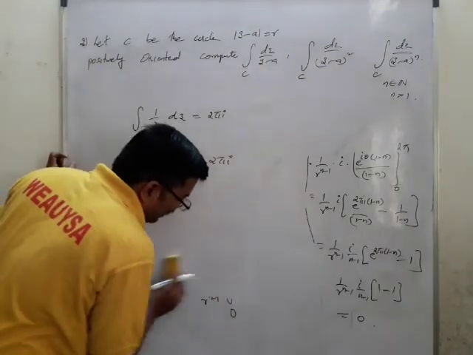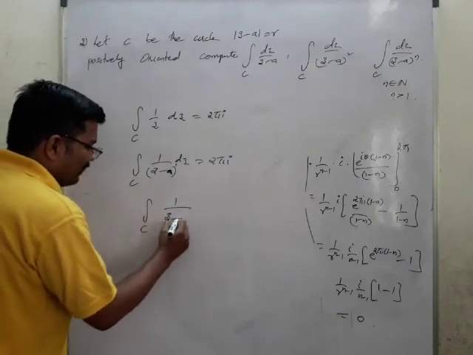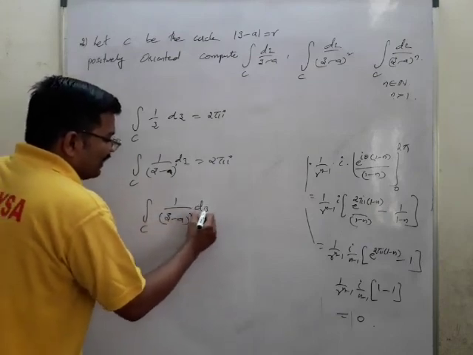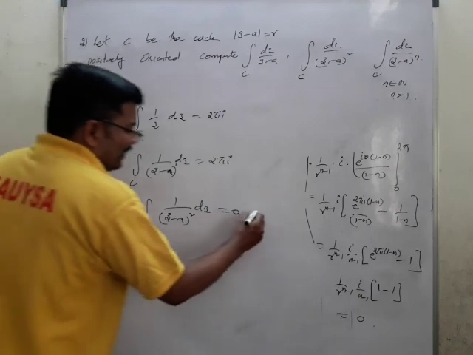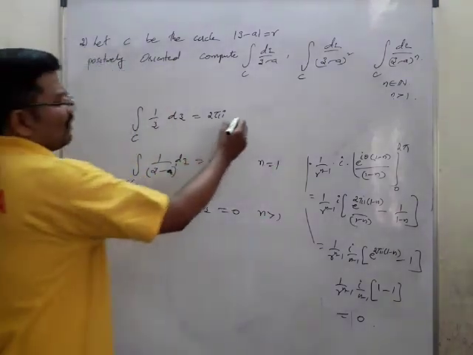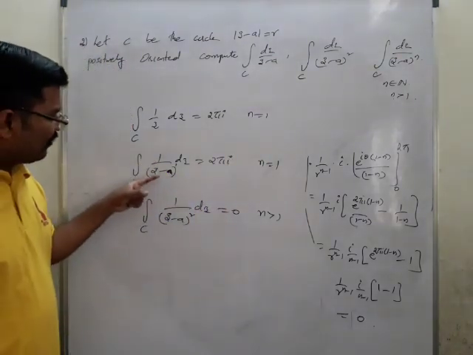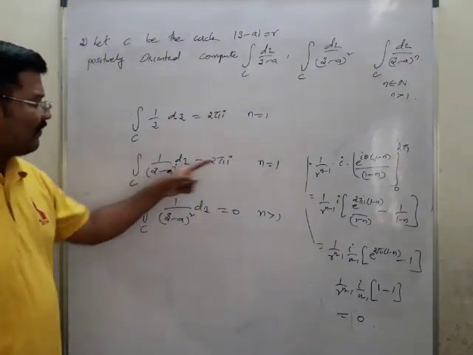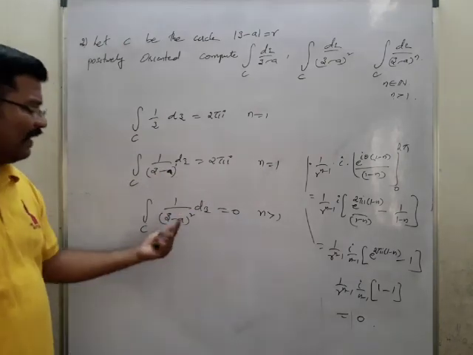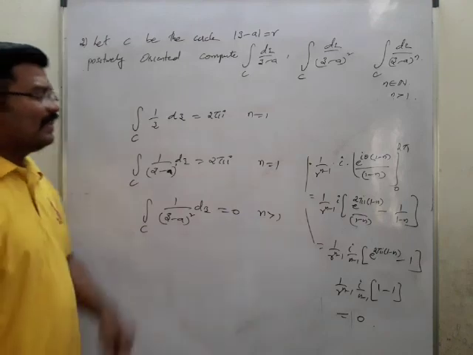In the same manner, the integral over C of 1 by (z minus a) whole square dz is 0. This is for n greater than 1. Here n is equal to 1. So 1 by z minus a, for n equal to 1 is nothing but 2 pi i. For n greater than 1, whatever the value, it will always be 0.